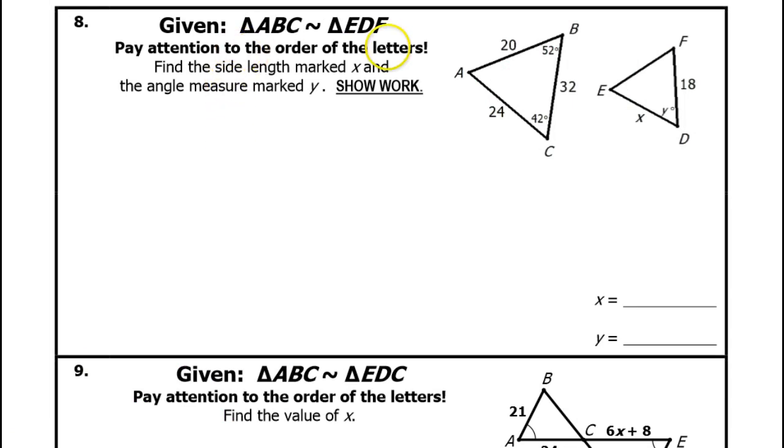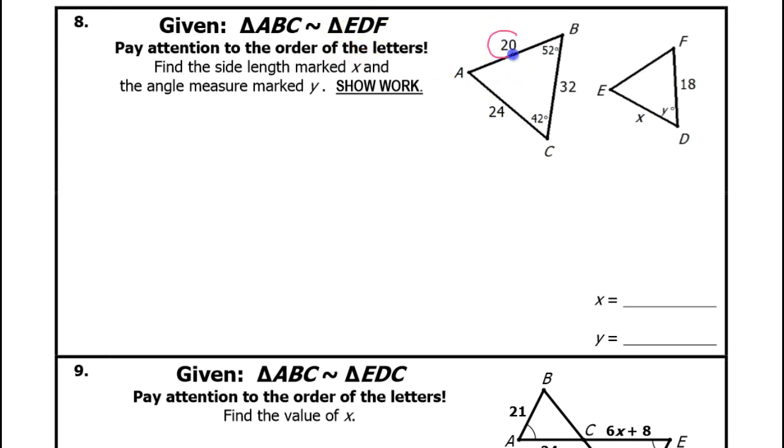Number 8 is a very similar problem. Find the side length marked x and the angle measure marked y. Again, the order of the letters tells us which sides are corresponding. So AB corresponds to ED.